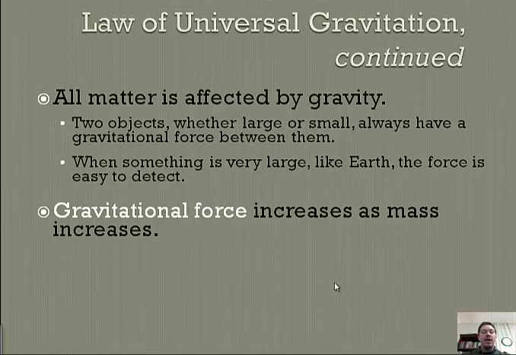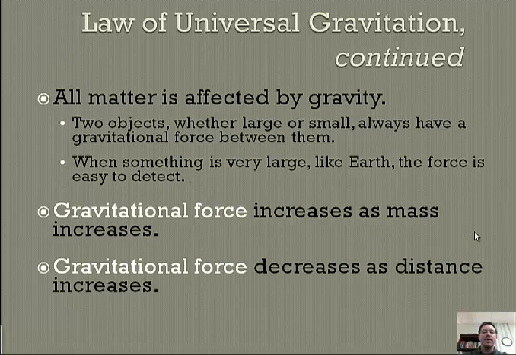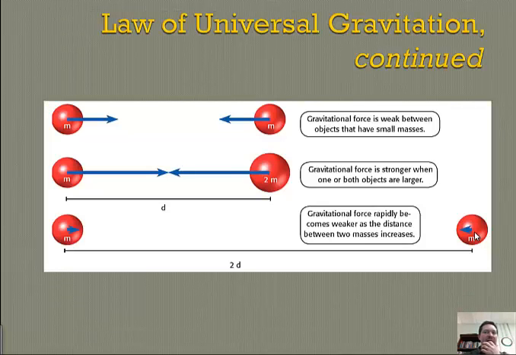So we're going to say the gravitational force increases as mass increases, and gravitational force decreases as distance increases. I mentioned this before when we were looking at the equation. So looking at some visuals here, we've got object 1 and object 2, which happen to be the same mass, so we use just the letter M. We're going to say that these have small masses.